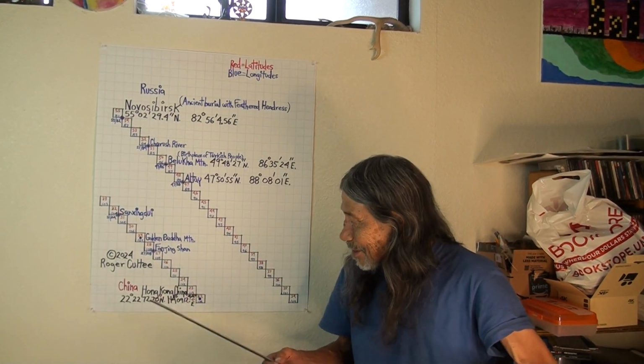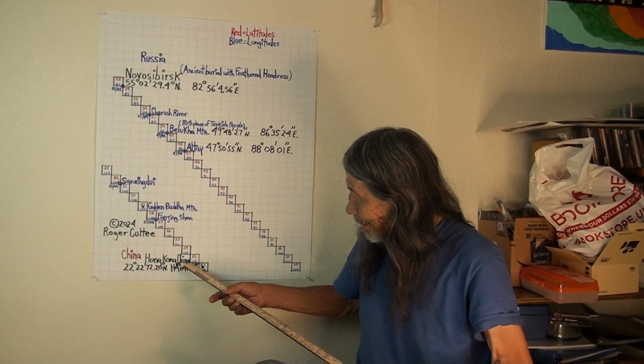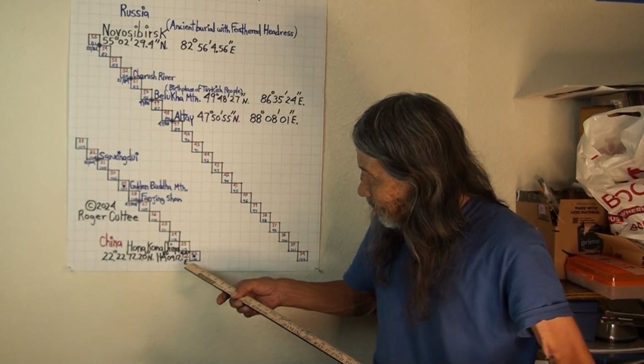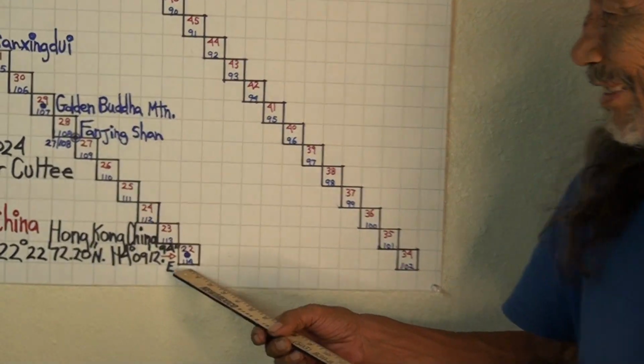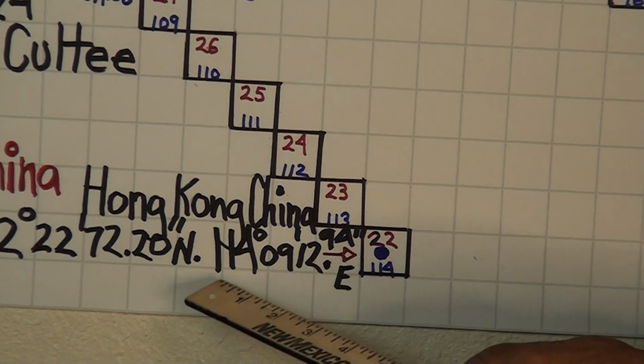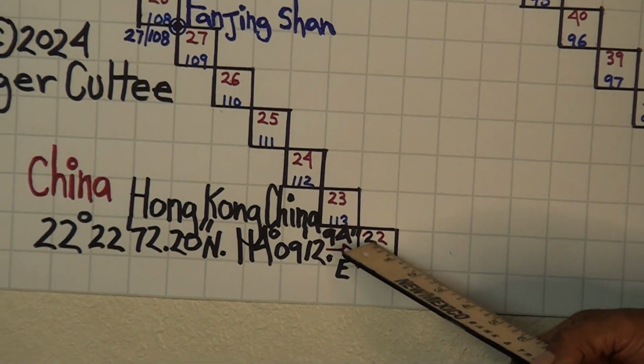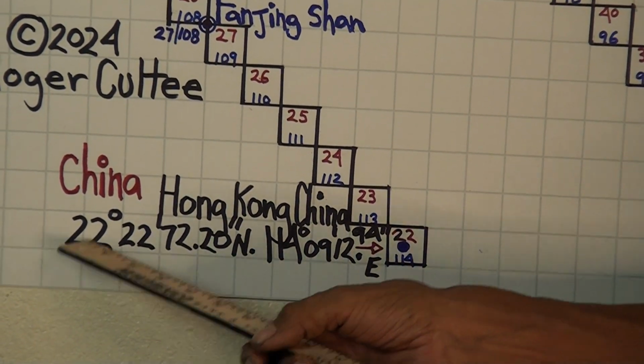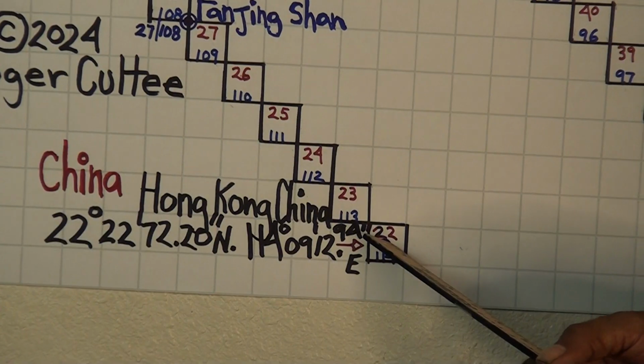Okay. Hong Kong, China. Remember, 22,114. That's 22 degrees latitude, 114 degrees longitude. There's the longitude. There's the latitude. Hong Kong, China is here.